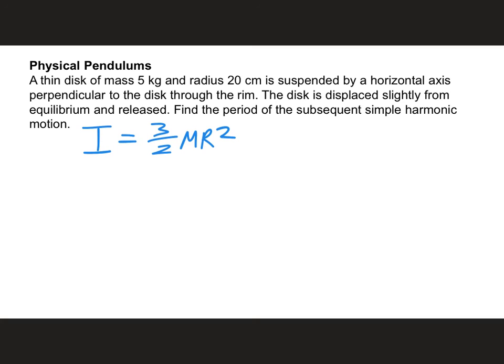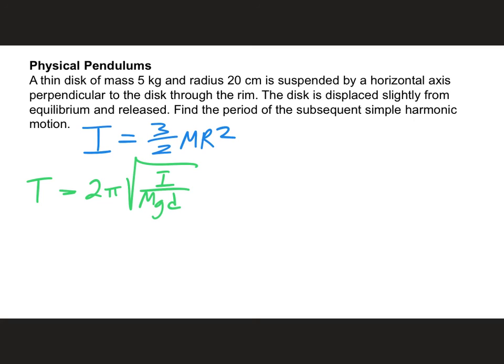We want to find the period for this thin disk with that mass rotating the way that it's rotating. Find the period of this motion. Well, we had this equation from before, 2 pi, or we had a flipped version of that equation, right?